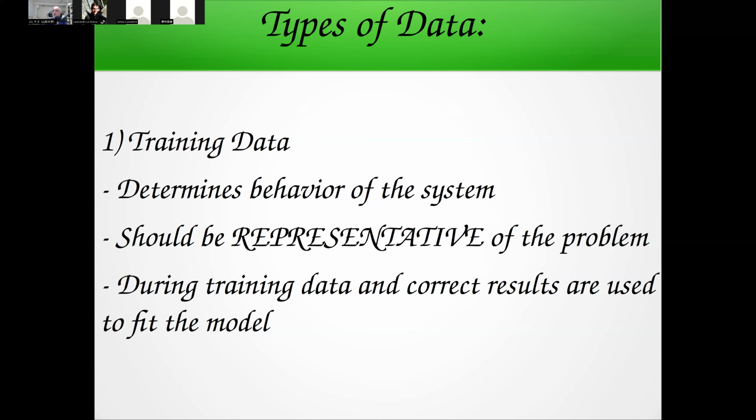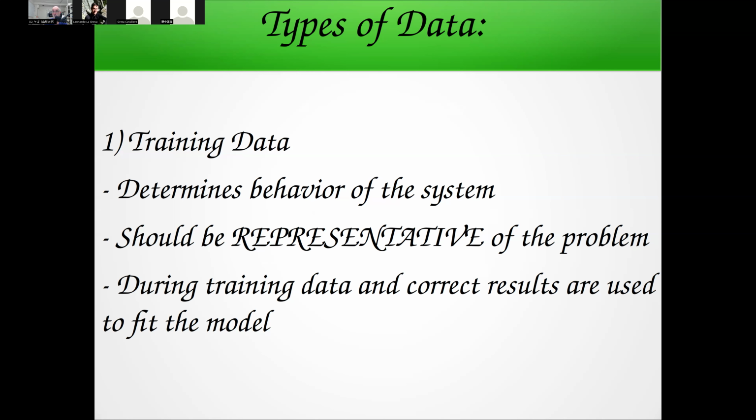What does that mean? Well, if I wanted to make a deep learning network to, I don't know, estimate the height of people from a picture taken from a particular distance, and I went and took those pictures just at the exit of some basketball team's training gym, we'd end up with a system that would very likely overestimate the height of people because it would have been trained on very tall people.